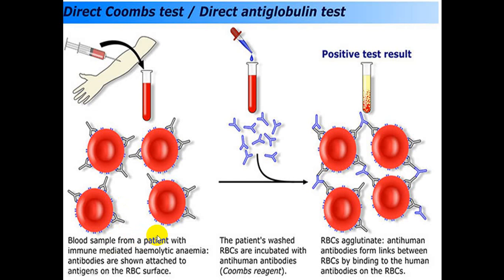A blood sample from a patient with immune-mediated hemolytic anemia. Antibodies are shown to attach to antigens on red blood cells. These are autoantibodies, and the red blood cells are not agglutinated.